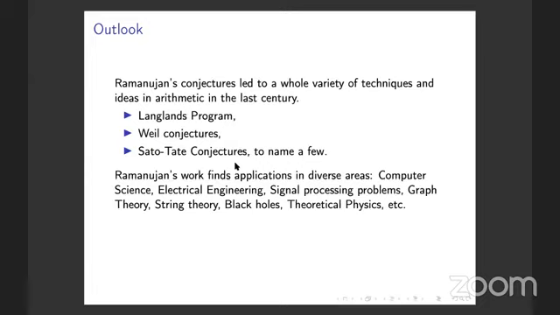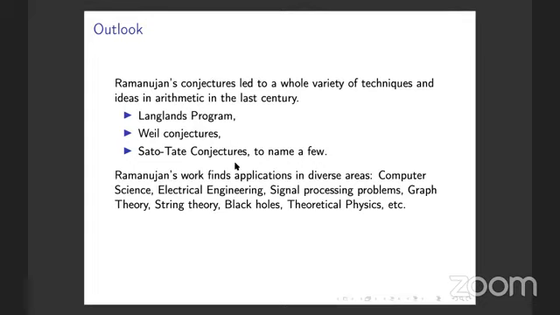So again, like I said, this year is 100 years since Ramanujan's death. And last year, 2018 or 2019, the Royal Society held a special conference to honor Ramanujan for his death anniversary. And they put up a very beautiful program. You can Google Royal Society Ramanujan and you'll find it.